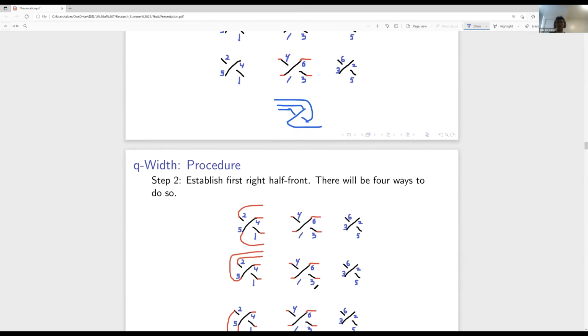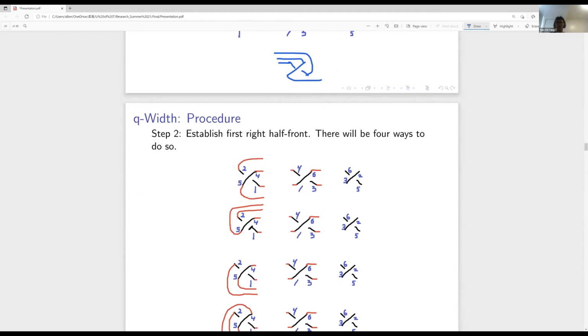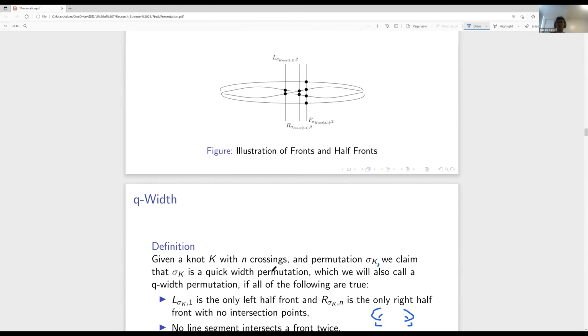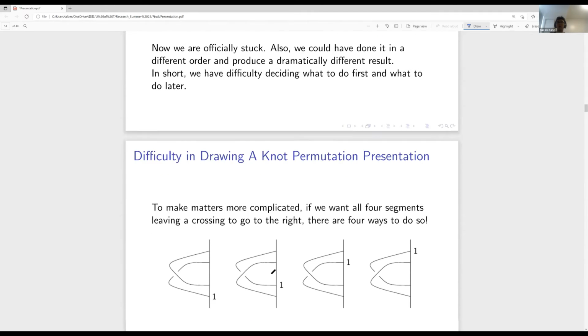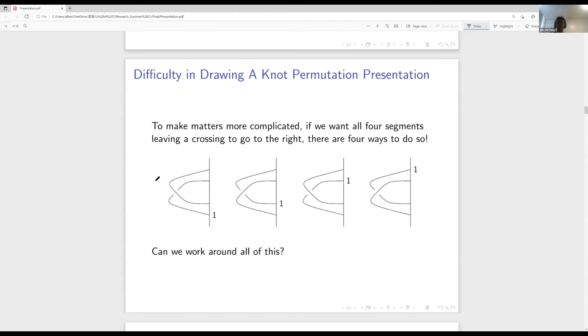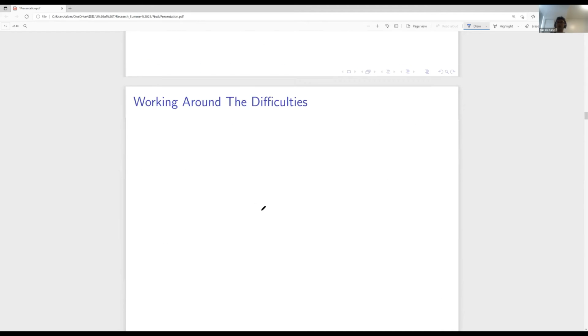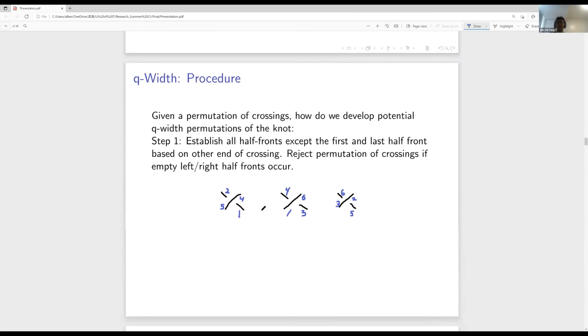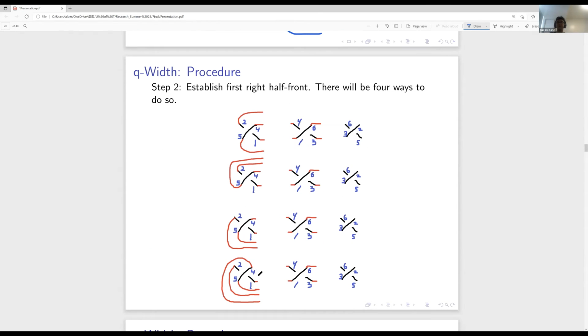Next we're going to tackle the first annoying thing: establishing the first right half front in terms of what it looks like. We're going to take care of all 4 orders in which the line segments can stack on each other when we connect the line segments to crossings on the right. So there are 4 ways we can do it.